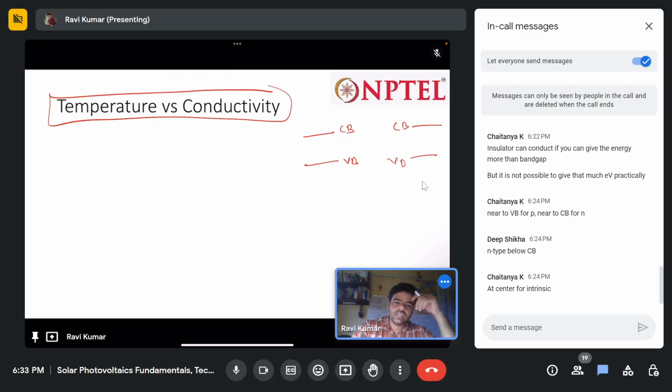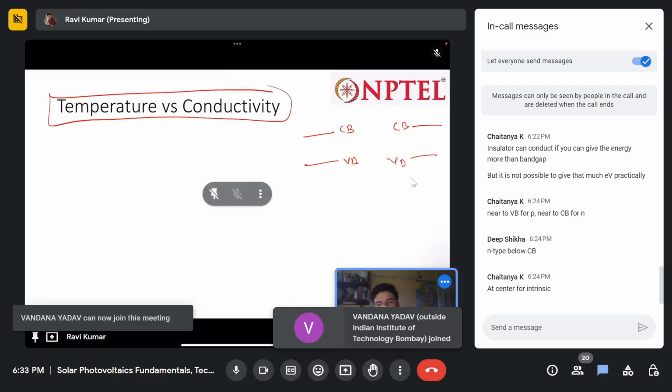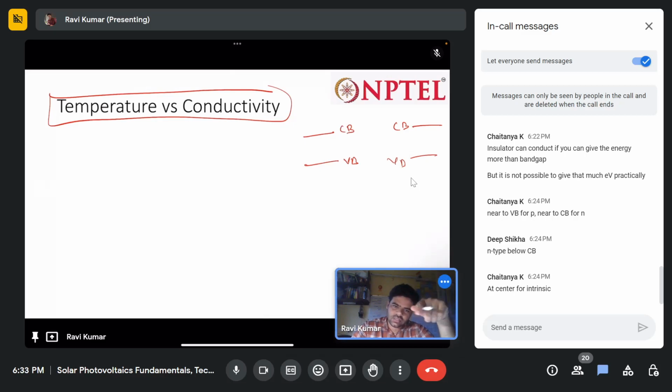Just think in two ways, what are the reasons for the conductivity in case of metal, and the same thing with the semiconductor. Let me know if it increases with temperature in case of metal or decreases.